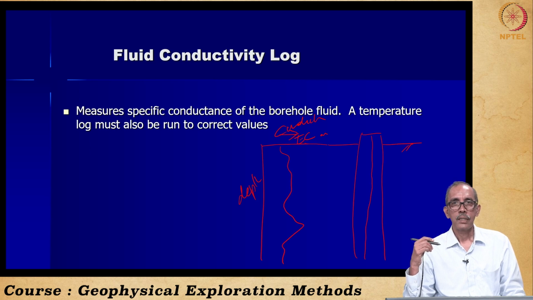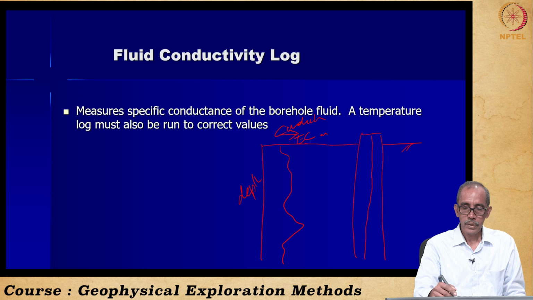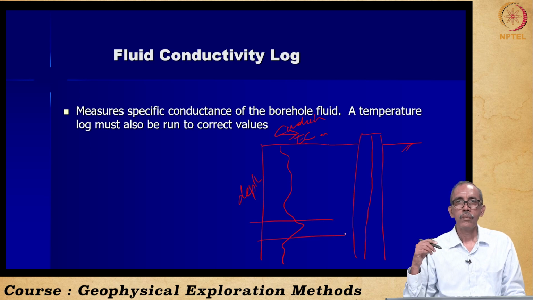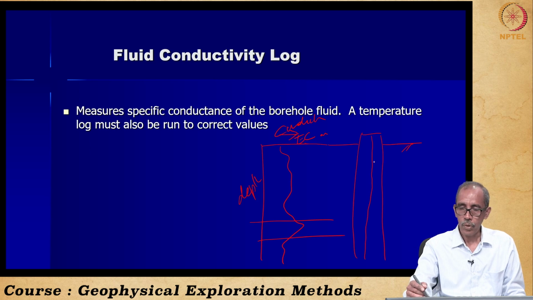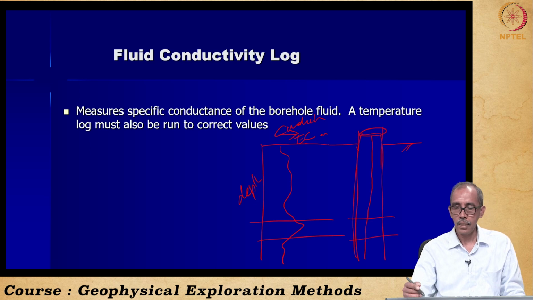What all information can it give? The abrupt change in the conductivity value is due to external fluid mixing with the borehole. This is the borehole we have drawn, right? Right over here, the conductivity is increasing.